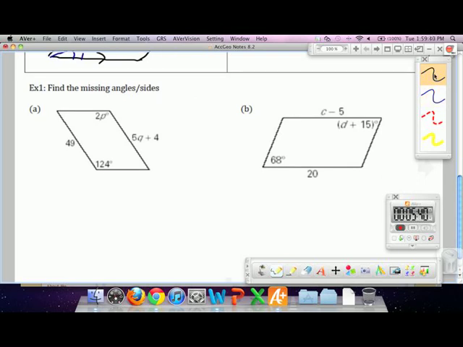So if I say find the missing angles and sides, what are two equations you could use to find the missing pieces? Opposite sides are equal in length. Okay, there's one equation. And what else do we know? Opposite angles are equivalent in measure.